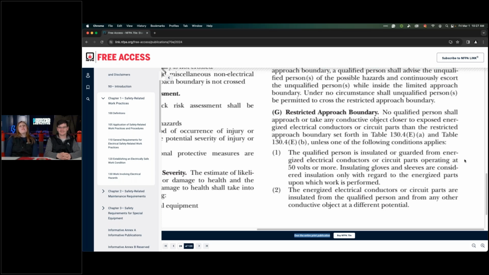Okay. Now, in the restricted approach boundary, qualified persons still need to be very careful, right? Even though they're qualified doesn't make them invincible. Okay. So no conductive objects are allowed within the restricted approach boundary. What kind of conductive objects might that be? Rings. Necklaces. Watches, phones, keys.